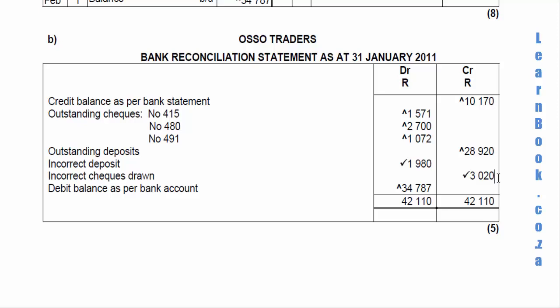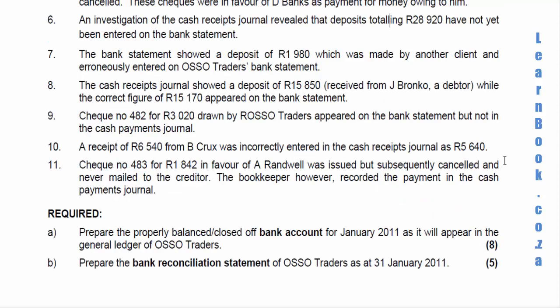Number 10, a receipt of 6,540 from B Crux was incorrectly entered in the cash receipts journal as 5,640. We have got to minus these two figures. 6,540 minus 5,640 gives us 900 Rand, so the cash receipts journal is short by 900 Rand.